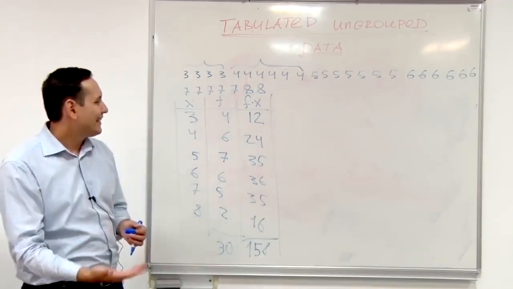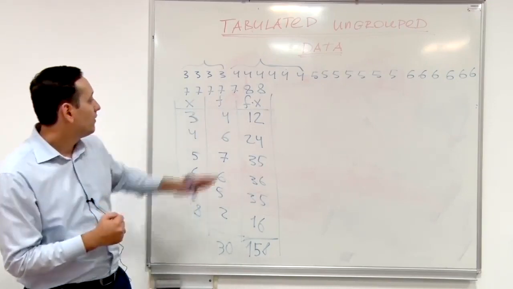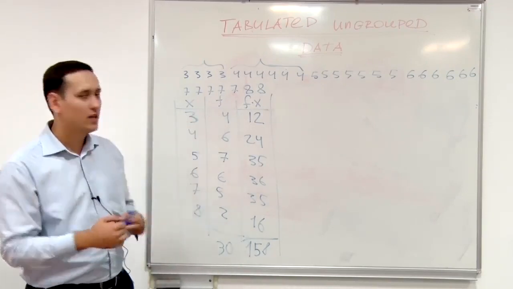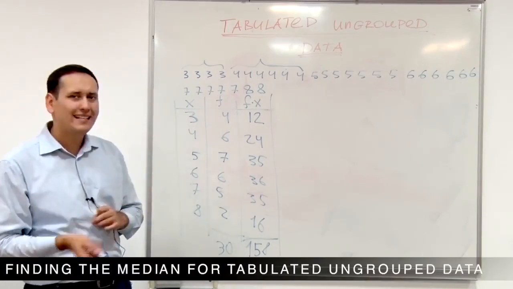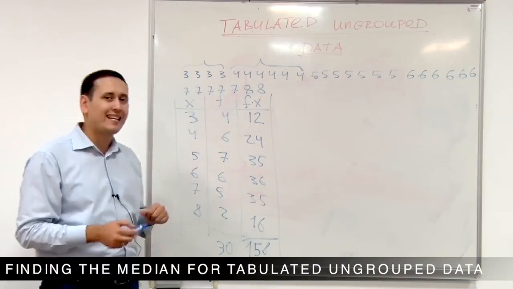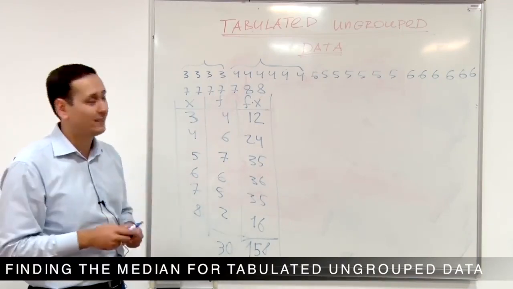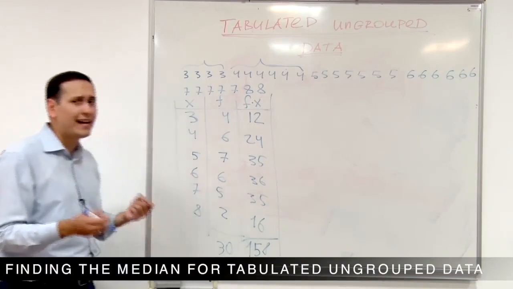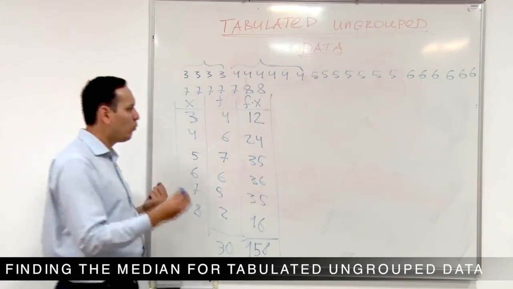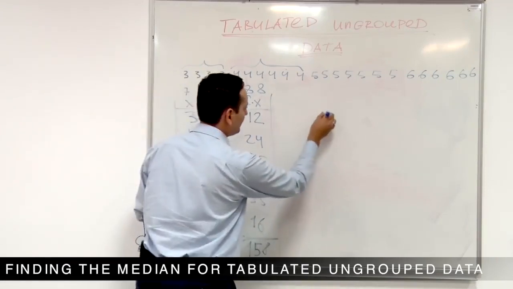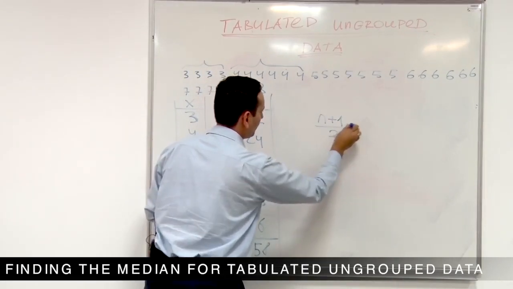Now, the next task is to find the median for this data set, a tabulated, ungrouped data set. The formula to find the median for this data set is the same as for untabulated data, where we have to find the middle value of this data set, which, as you remember, is n plus 1 divided by 2.